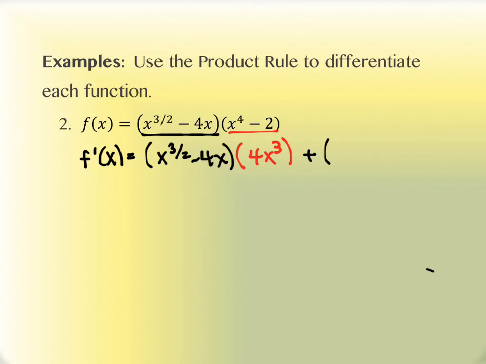What's the derivative of that? 3/2 x to the 1/2. And then the derivative of negative 4x? Minus 4. Very good. The last thing I do then, and this is the part sometimes people will forget, is that we have to rewrite that second piece as it is.